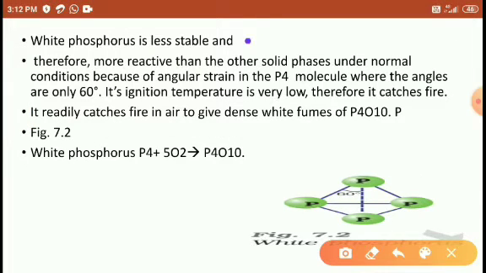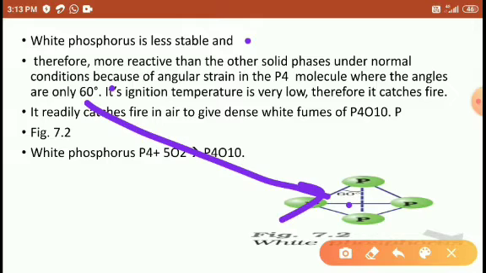White phosphorus is less stable, therefore it is reactive, and it is a solid under normal conditions. White phosphorus is the most reactive form, students. Why is it reactive? Because its bond angle is 60 degrees and its ignition temperature is very low. Ignition temperature means the burning capacity.